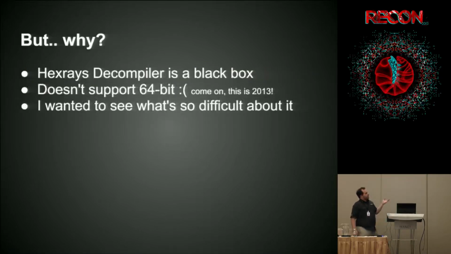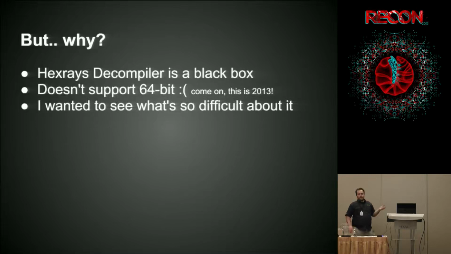So why do that? Well, the Hexrays decompiler is a black box. You can't really see what's going on there, and I wanted to understand. And it doesn't support 64-bit, so that sucks. If you do CTF, all of the hard challenges are 64-bit because they know there's no decompiler for 64-bit.